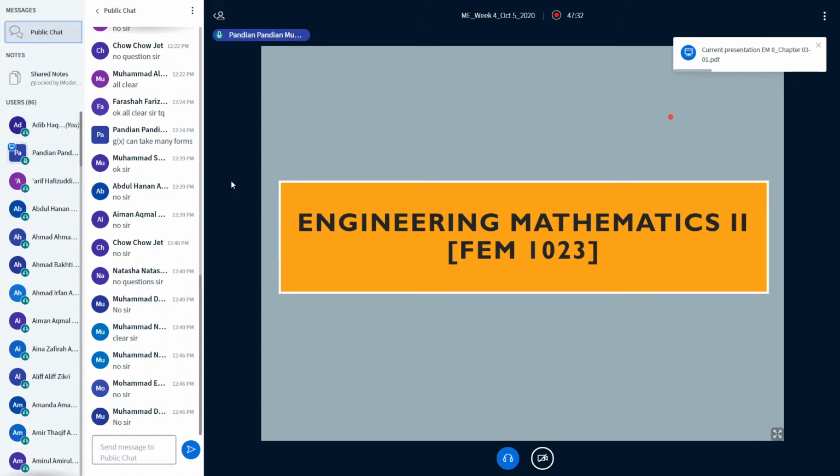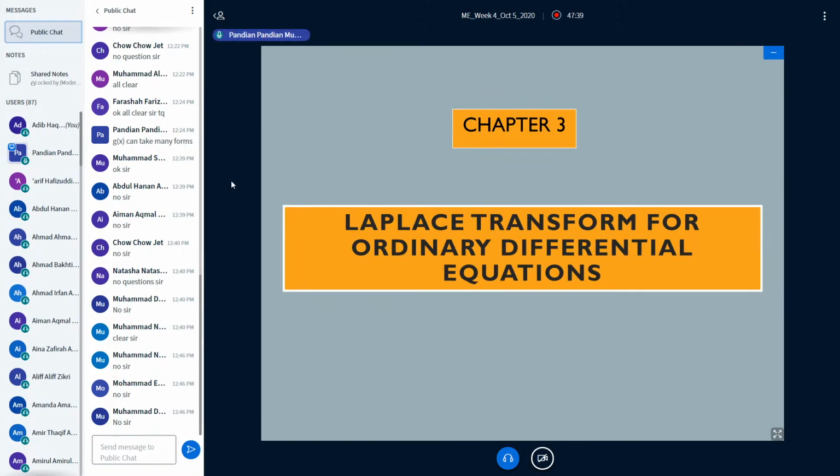The title is Laplace transform for ordinary differential equations.